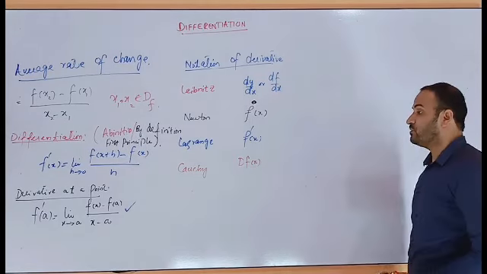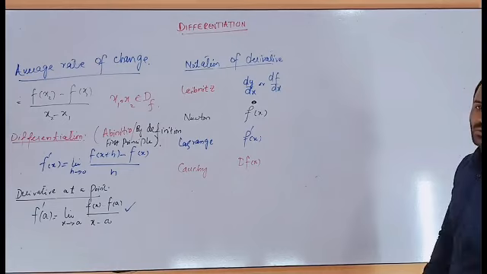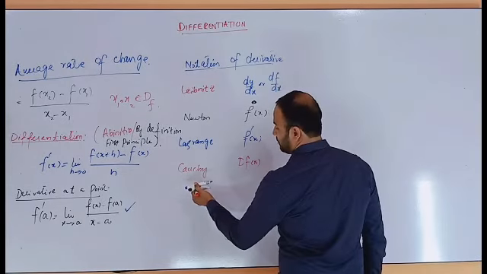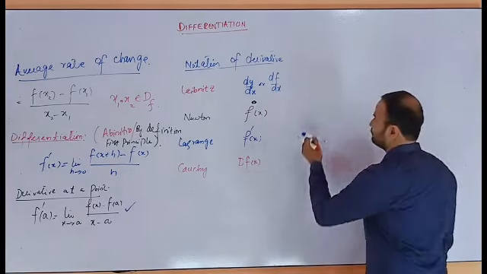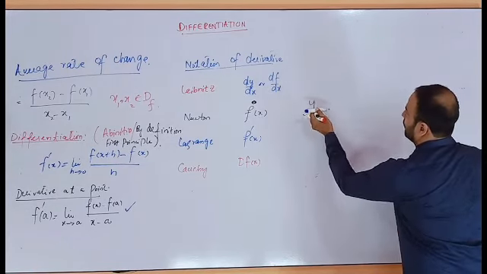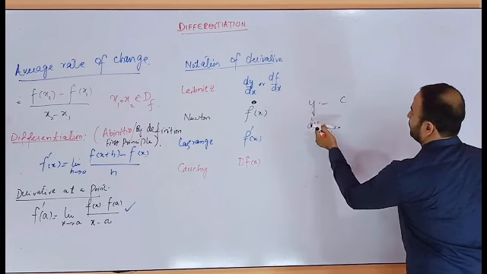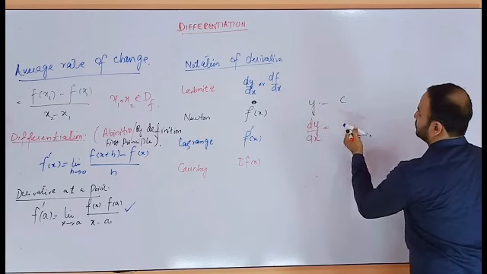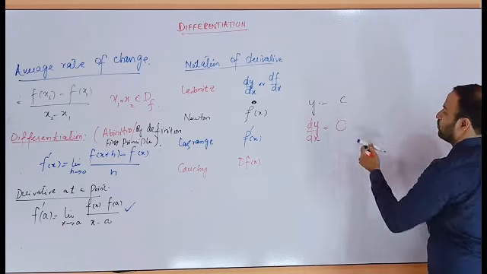Okay, now we have a few basic rules for the derivative. If you want to take the derivative of a constant function, I will solve that. y is equal to c, and you want to take the derivative dy over dx. So the derivative of a constant is 0. Why?